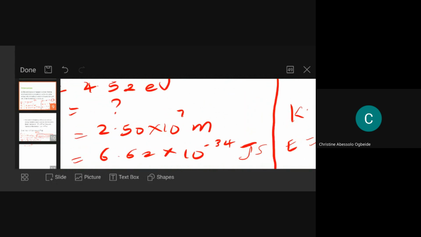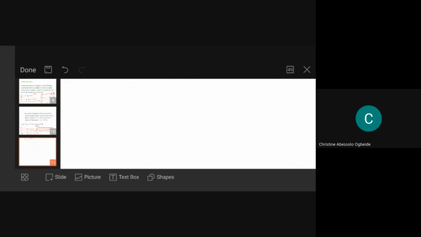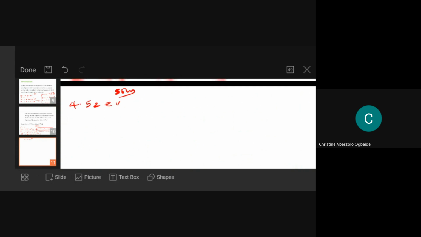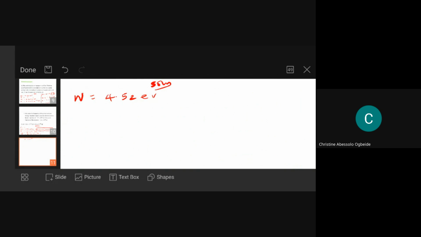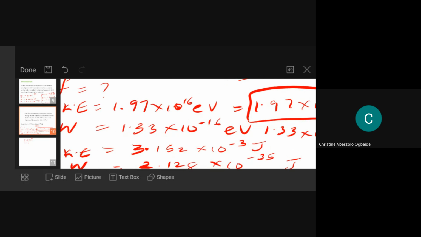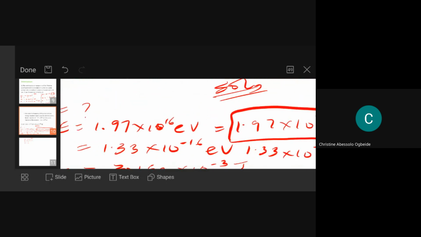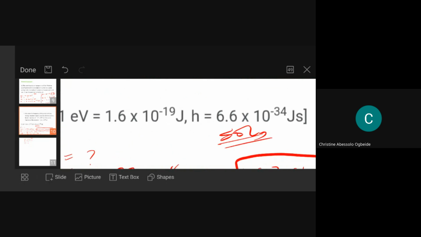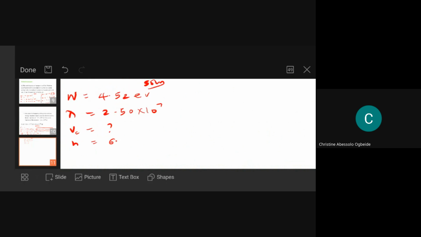And of course the Planck's constant H, which is 6.6 times 10 to the minus 34. So these are the things given to us.